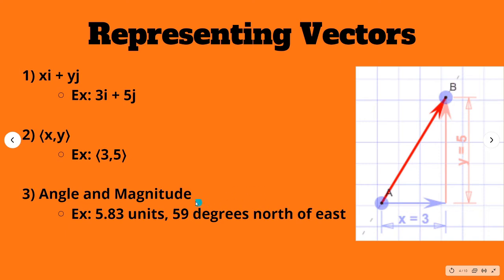angle, for example, in this case, the 59 degrees, is always one of the angles in our right triangle. And so if you wanted to draw this example out, you could always use trigonometry.